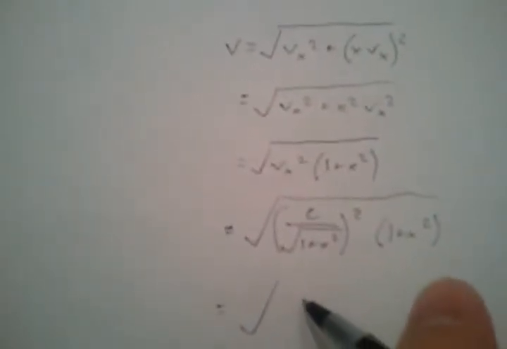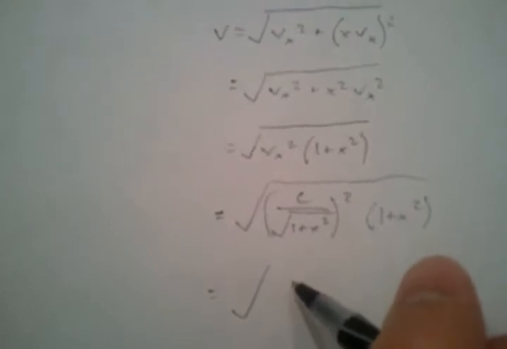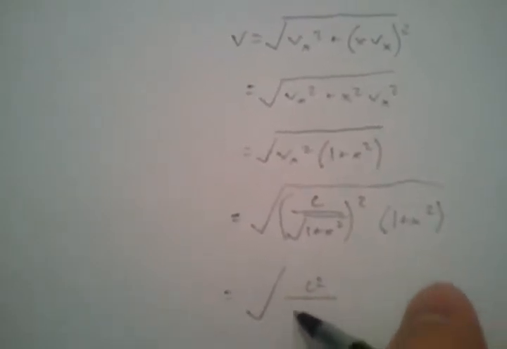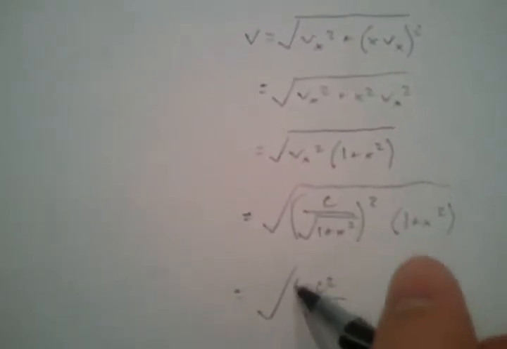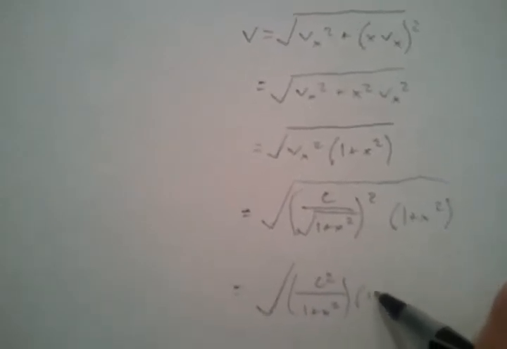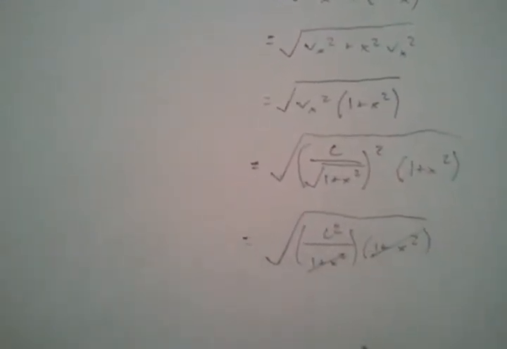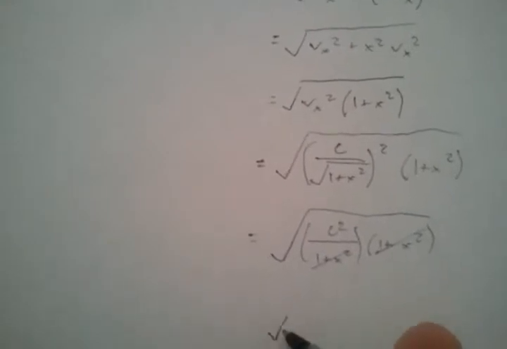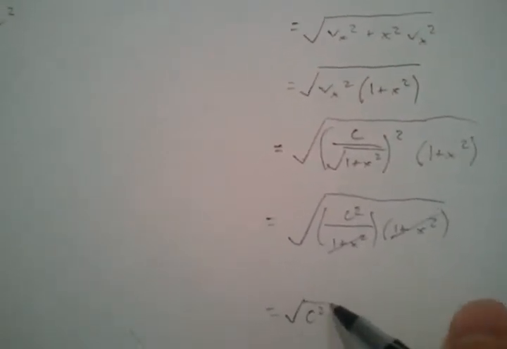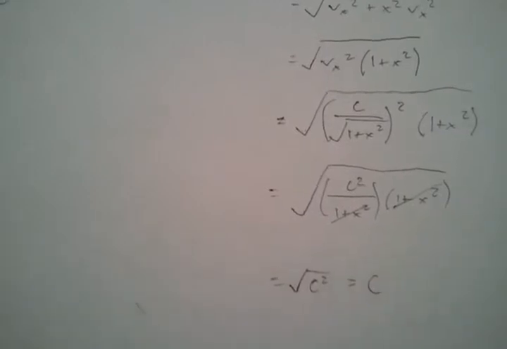Simplify this some more. Cancel out the square root sign. And now you can see easily here that the 1 plus x squareds cancel out, and you're left with the square root of c squared, which is just c. So you can see that the velocity is in fact constant.